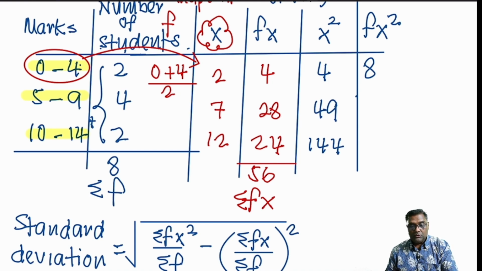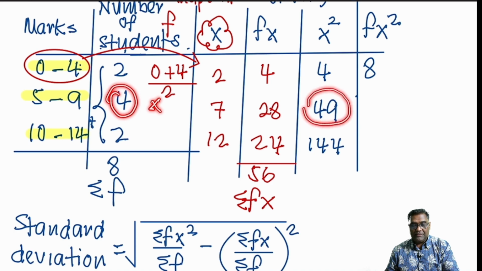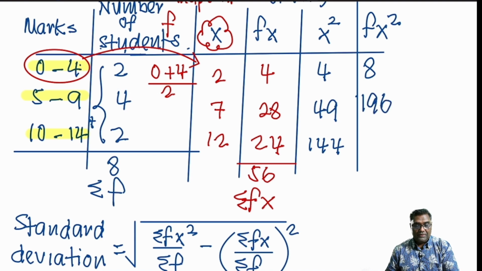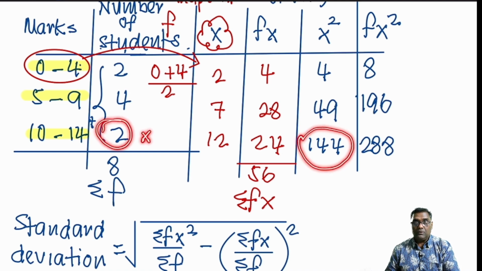Again, I repeat, 2 times 4, 8. Next, 4 times 49. Okay, 49 times 4. You get 196. Alright, the other one, 288, where you take this and you times with 144.